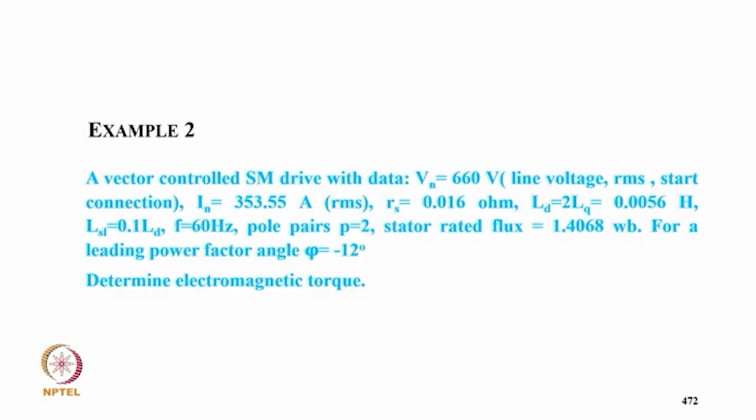Coming to the second example, a vector control synchronous drive with Vn equal to 660 volts line voltage RMS, star connection, In equal to 353.55 A RMS, Rs equal to 0.016, Ld equal to Lq equal to 0.0056, Lls equal to 0.1 Ld, for f equal to 50 Hz, pole pairs 2, lambda s equal to 1.4068 Weber, for the leading power factor angle minus 12 degree.